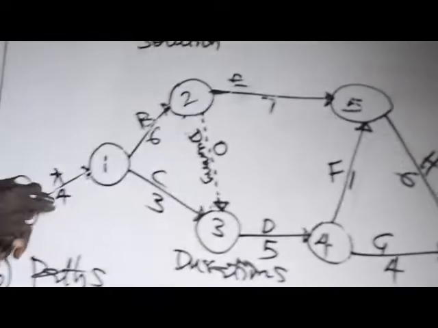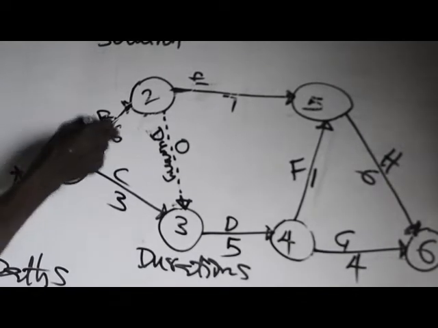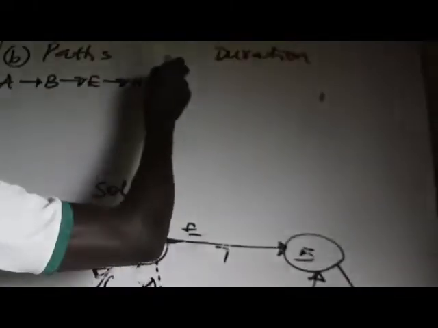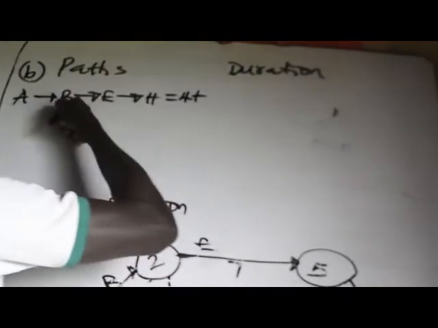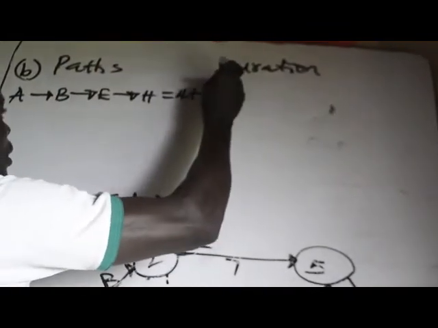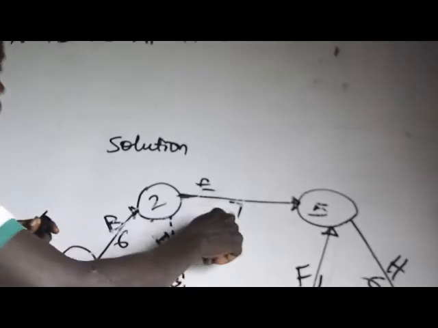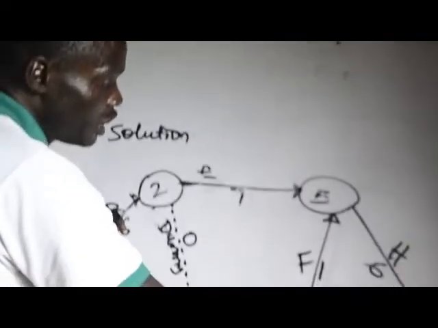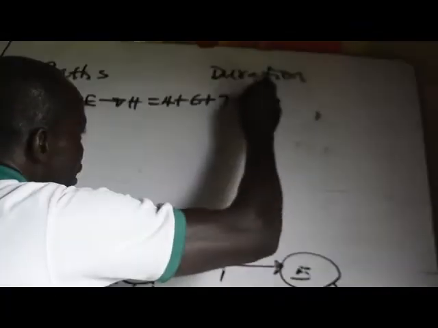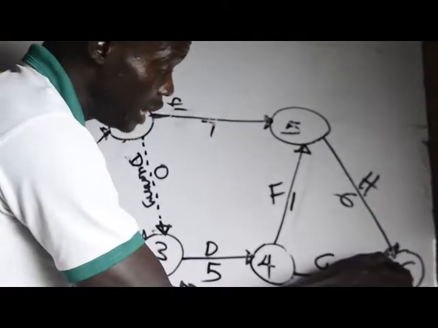And what is the duration? Duration of A is 4 weeks, that of B, 6 weeks, that of E is 7 weeks, plus that of H, 6 weeks. So H is where the journey will end.